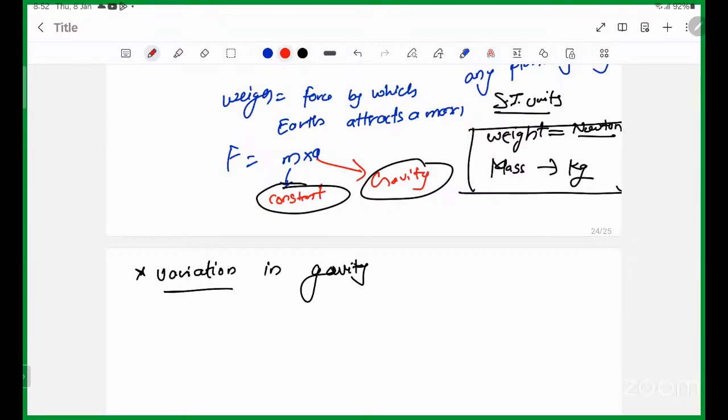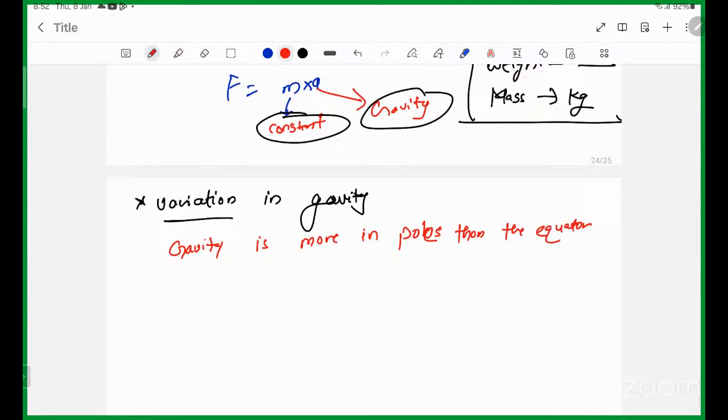We find that gravity is more at the poles than at the equator, because the distance is less from the center. The distance is less by about 75 kilometers between pole and equator.